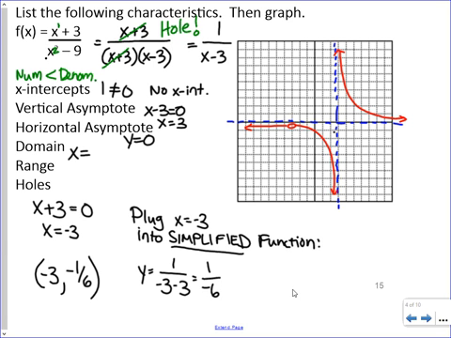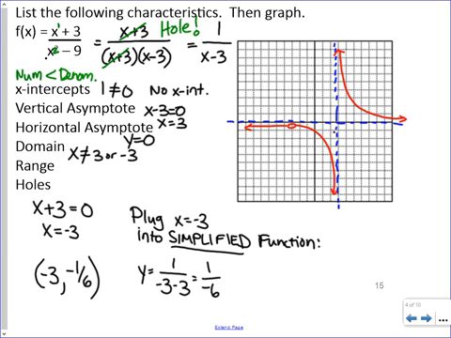So the hole and the vertical asymptote are restrictions to your domain. Does the negative 1/6 not come out of the domain? Not in the domain. The negative 1/6 will be in our range, because think about that ordered pair, negative 3, negative 1/6. Negative 1/6 is y, not x.